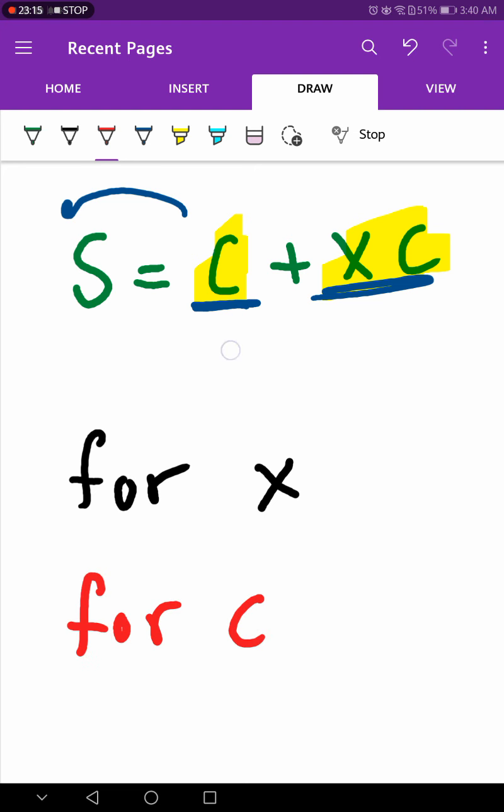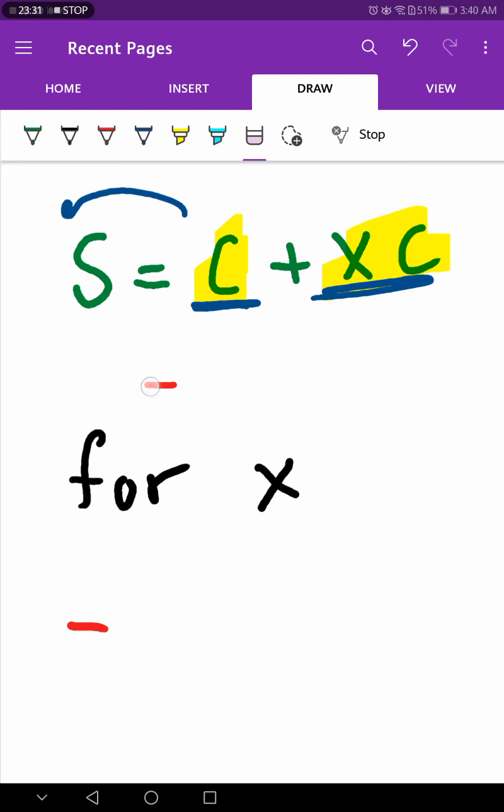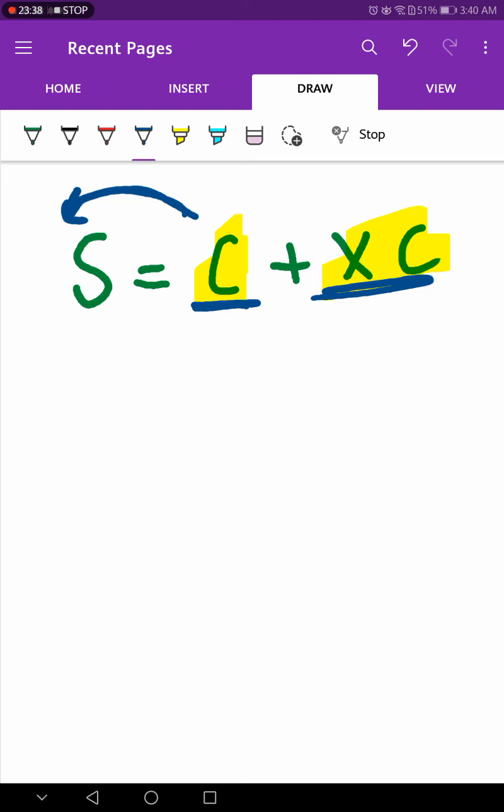In this case, you take the C outside as a common factor and use the distributive property. Yes, if he says for C. But because he says for X, you don't need to do that. You just get rid of the C here and then divide by C in the next step.